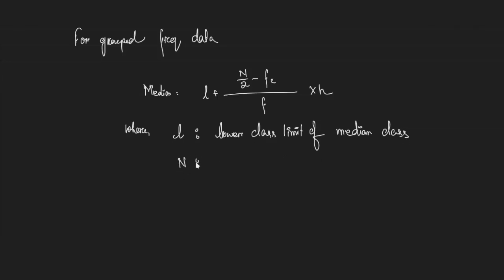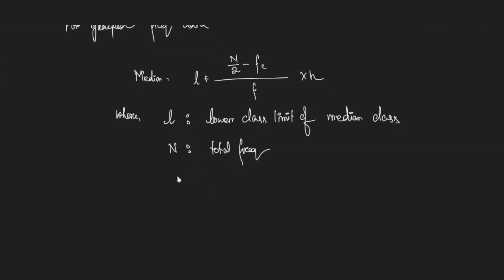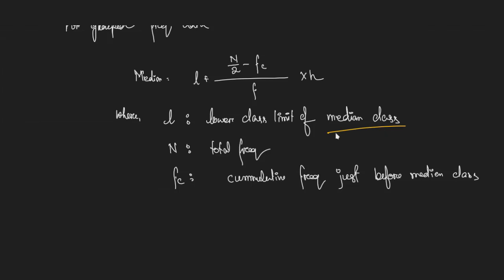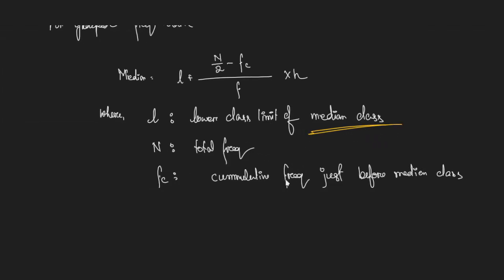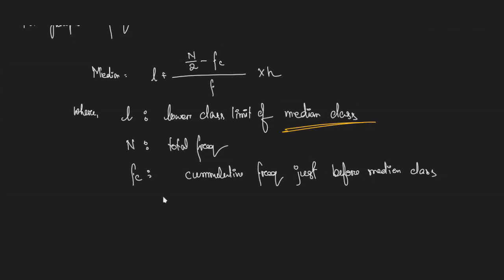So n is the total frequency, then fc is the cumulative frequency just before the median class. So here this word, median class, we frequently use, and I will explain about this just now. How is the median class defined? Before calculating, you will have to identify the median class.